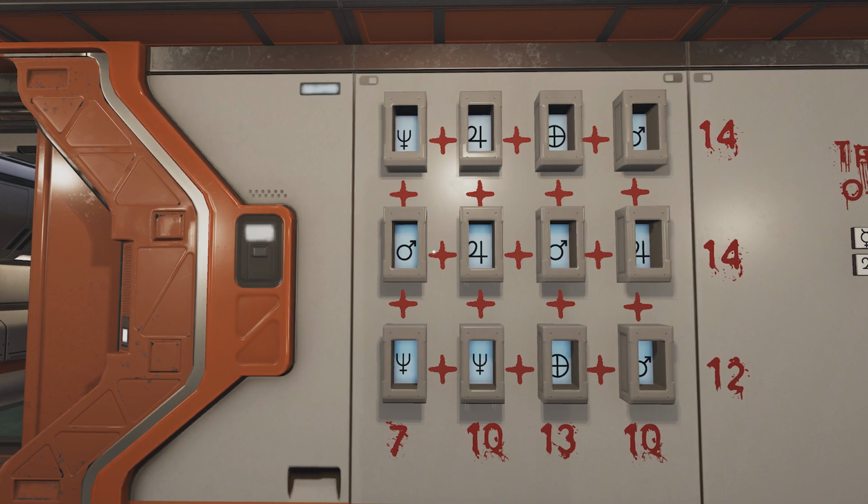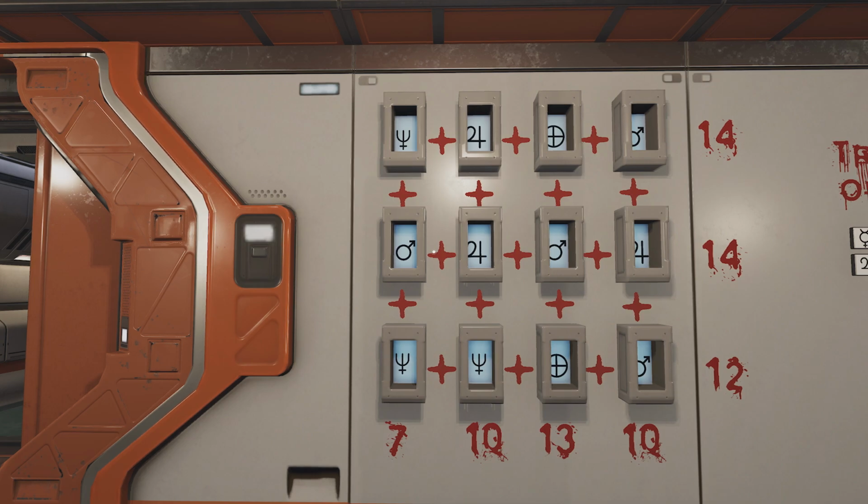Like the male and female symbols. But I've only ever heard them as male and female. Wait, 4, 8. No, sorry, the trident would be 2. Almost messed that up immediately.